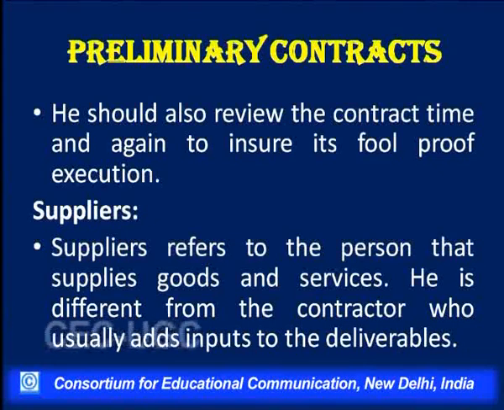So, after you have decided who are going to be your vendors, now you have to decide who the suppliers will be. The supplier refers to the person that supplies goods and services. He is different from the contractor who usually adds inputs to the deliverables.